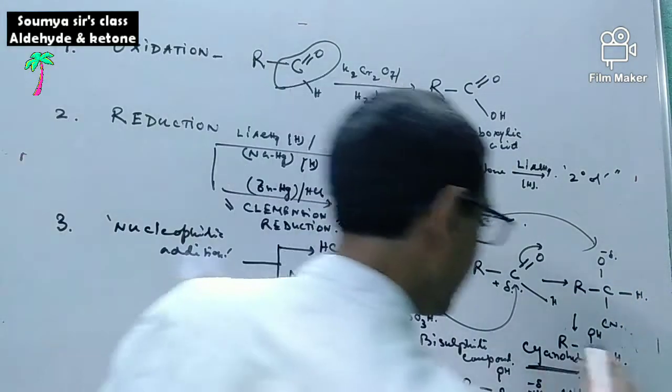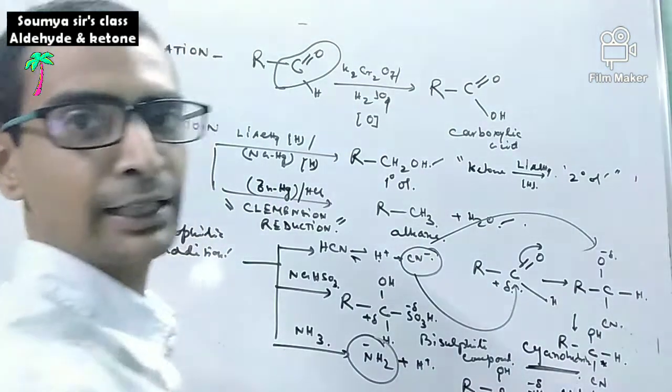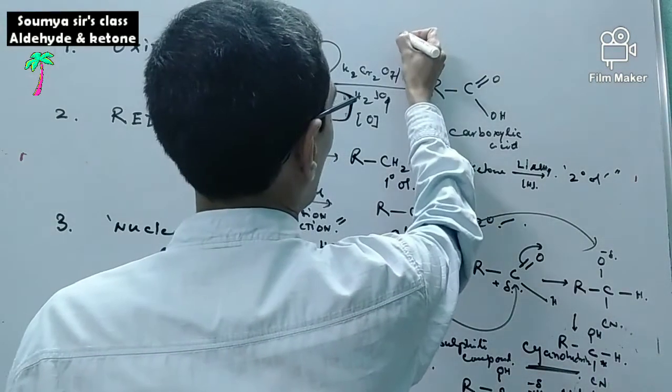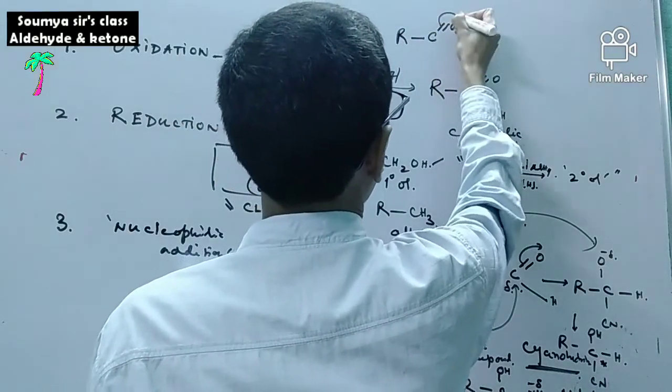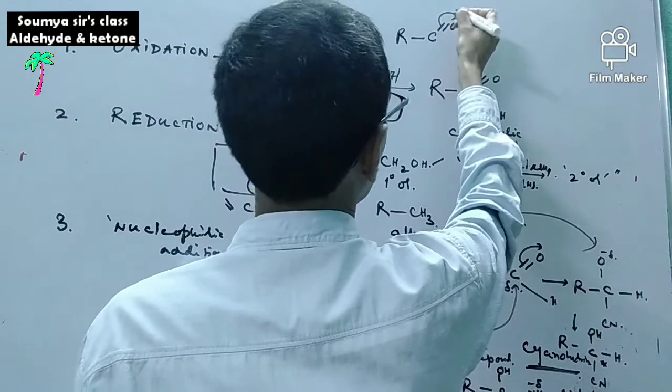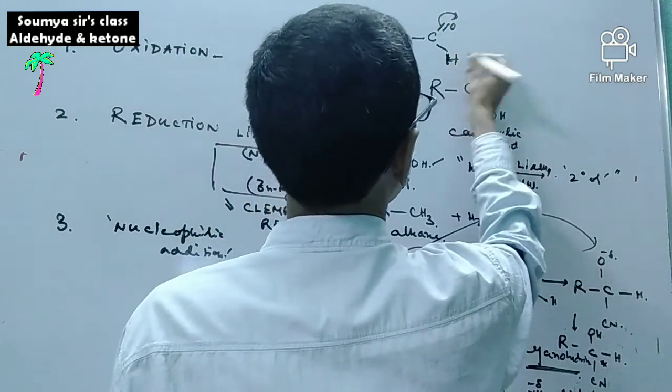So this aldehyde ammonia is different from formaldehyde. I am writing here the aldehyde compound. It is like this: RCHO, the oxygen, over the oxygen the electron comes here, the H here.